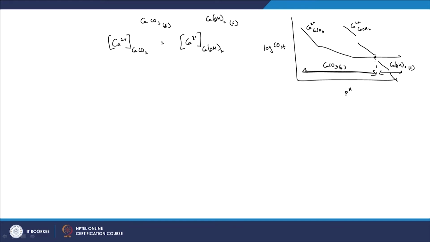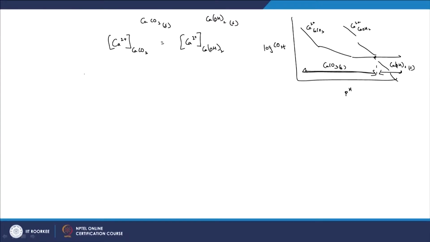Obviously this is the region we are trying to look at, and now I am going to try to figure out how it varies with pH. I guess we looked at this particular equation in the last class, so I am not going to write that down again, but I think the solubility product of CaCO3 was equal to the K star of Ca(OH)2, into H+ squared, into CO3 2-, that would mean alpha 2 into CO3 total.